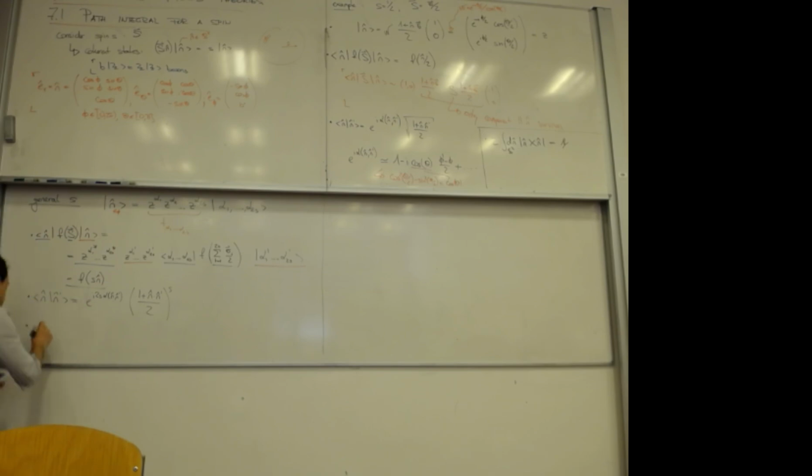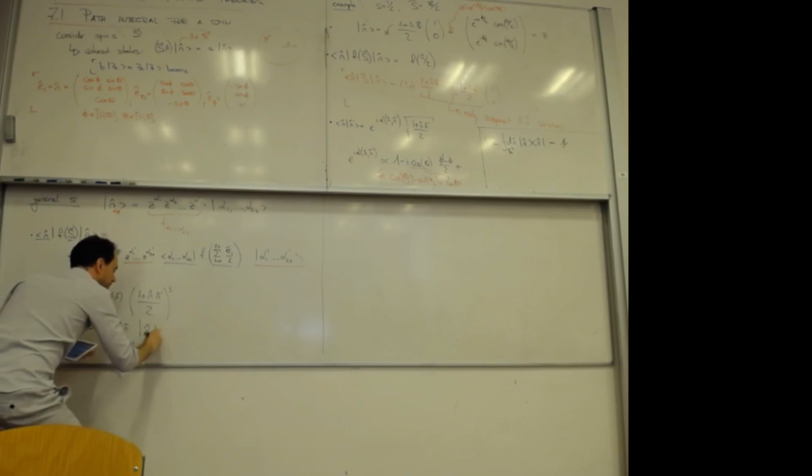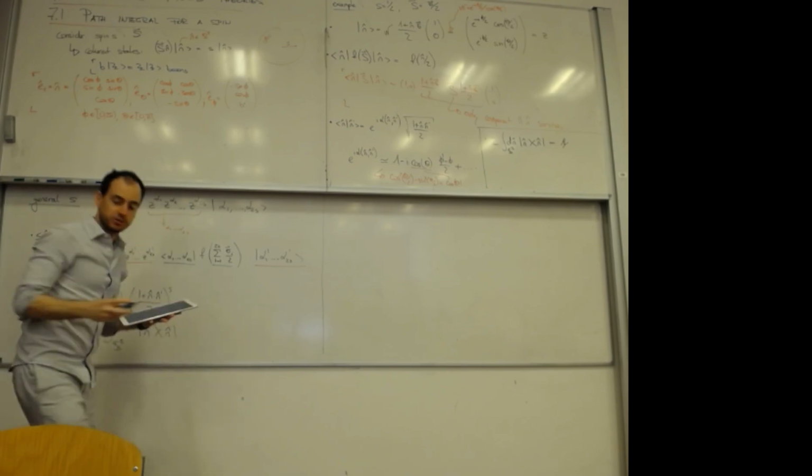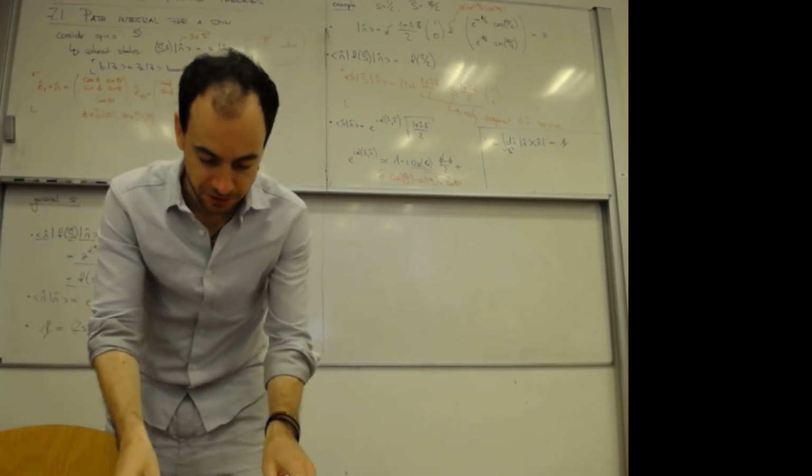And similarly, the partition of unity is 1 equals 2s plus 1 times the integral over the 2 sphere dn. So maybe I should define this once properly so you see what this integral is.